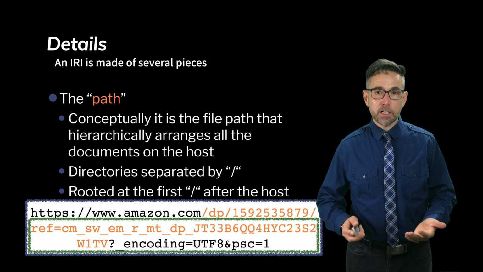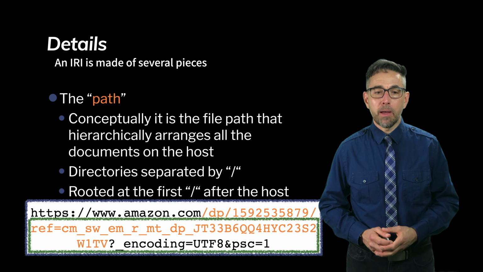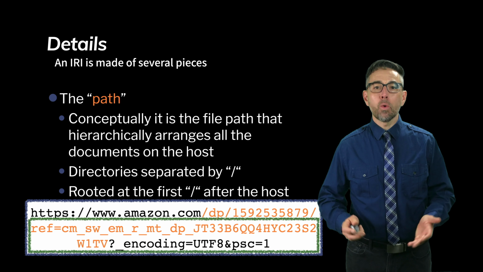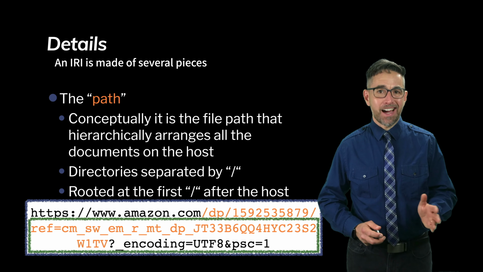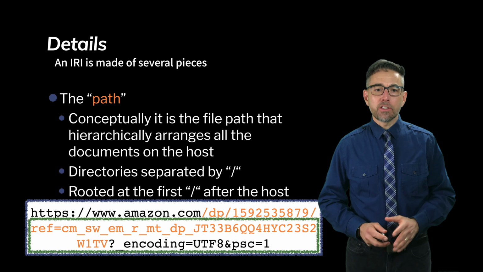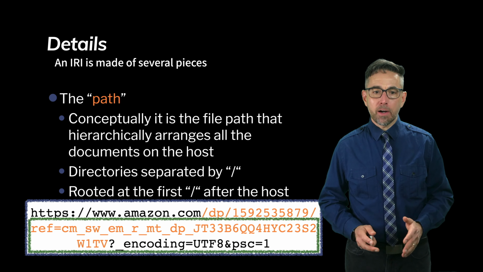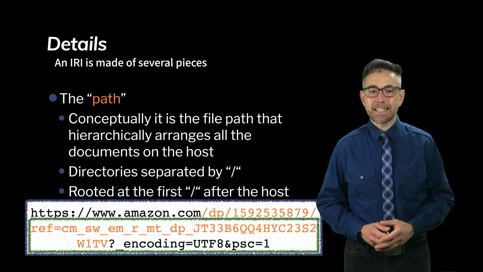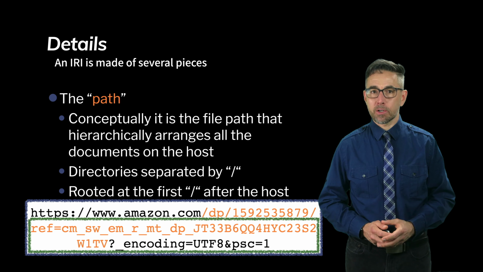And the orange piece here is equivalent to a file name that starts with ref equals and ends with w1tv. That would be equivalent to the name, like sa.doc. It's equivalent to that. So together, this whole orange part, starting at the / and ending at the question mark, if one exists, is the path to the resource that you're interested in.